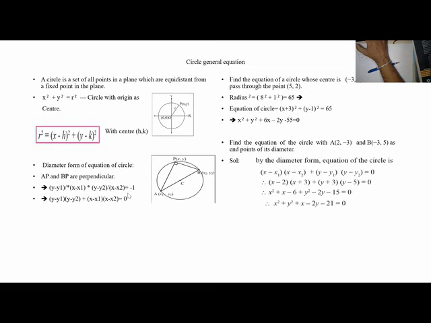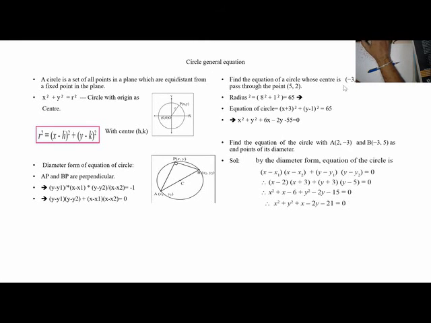When I multiply these two, it is minus 1. When I rearrange the terms, it will come (x minus x1) into (x minus x2) plus (y minus y1) into (y minus y2) is equal to 0. It is in the diametric form, and two points are given. Because the radius will come here itself, when we do the numerical terms with y1, y2, x1, x2, we will get the radius automatically.